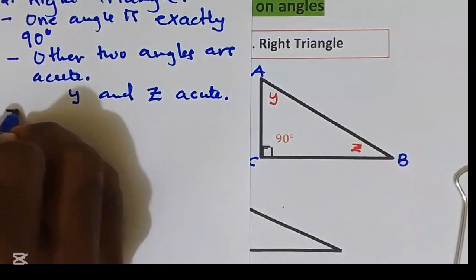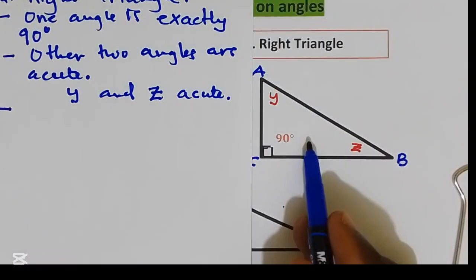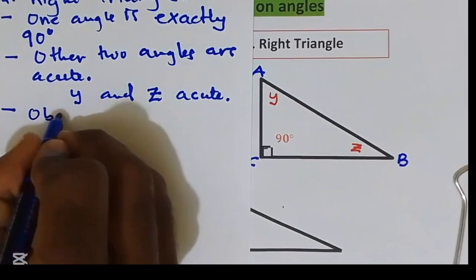Third, a right-angled triangle obeys the Pythagorean theorem.